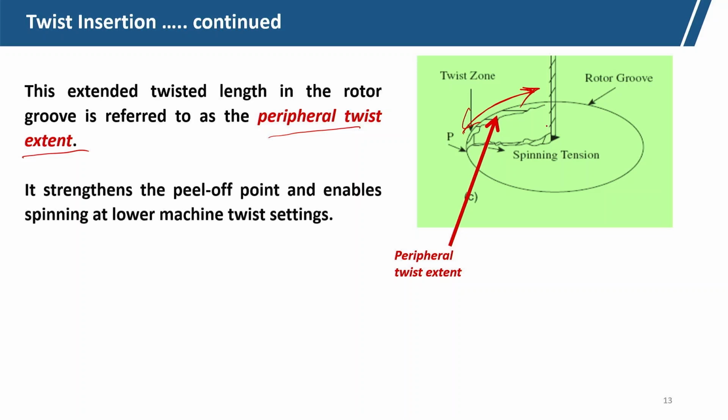It strengthens the peel off point and enables spinning at a lower machine twist setting. So, if we can increase the peripheral twist extent, we can reduce the twist setting, and the yarn will be formed without any breakage.